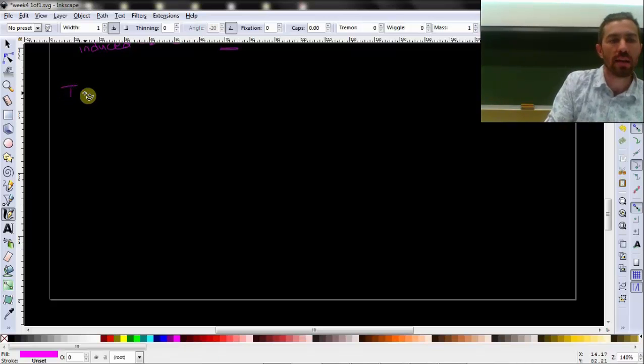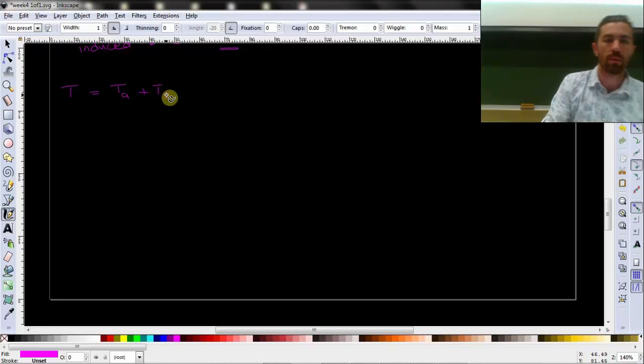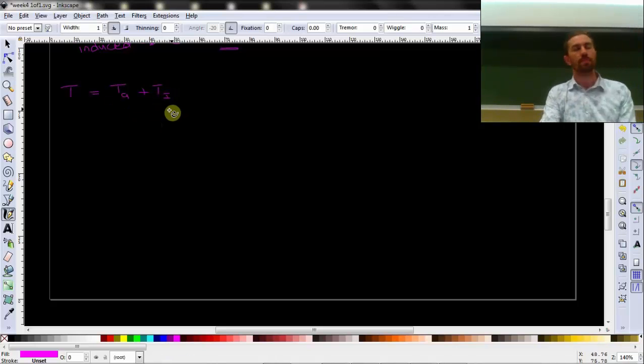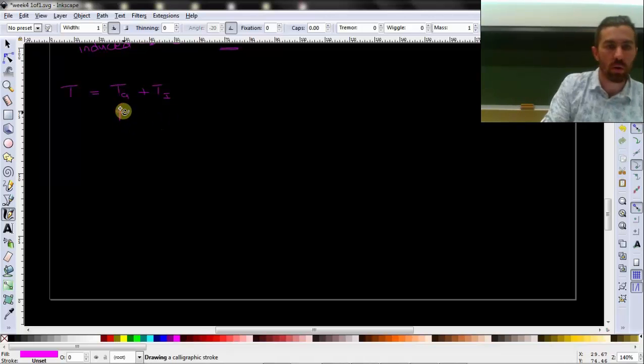So now let's let taxes have two different aspects. There's going to be an autonomous tax component plus an induced tax component. Okay? This we call, for example, a lump sum tax.